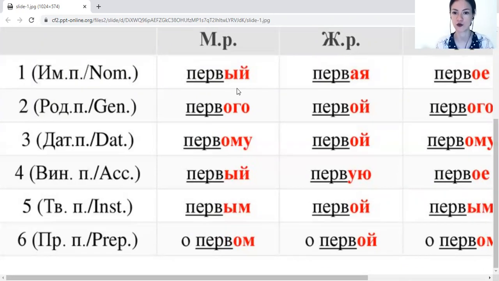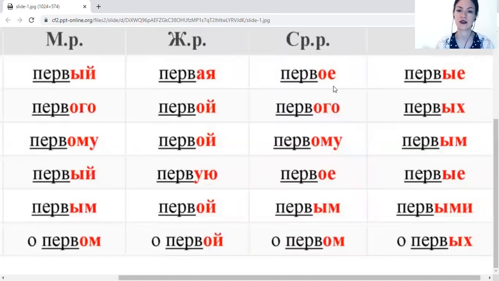And if you want to say my first car, you have to say первая машина. Первая, because it's feminine. If you want to say something neutral, like first window, первое окно, you have to say ое because it's neutral.